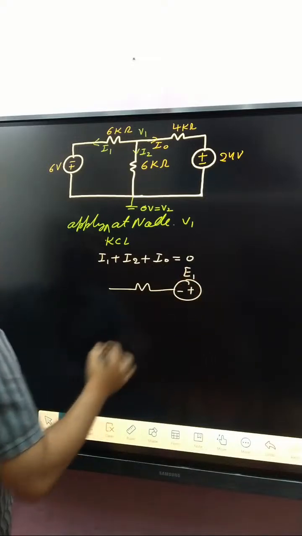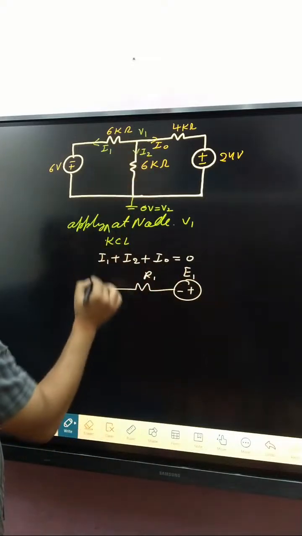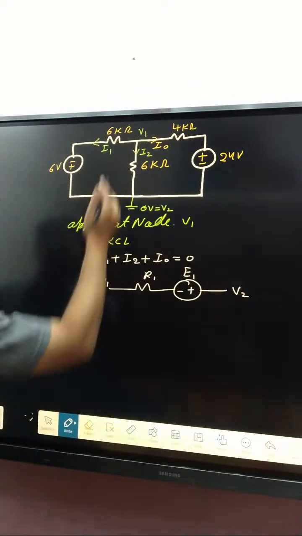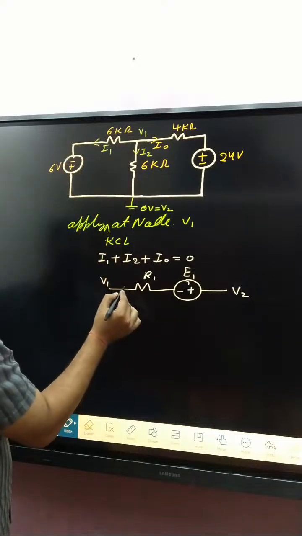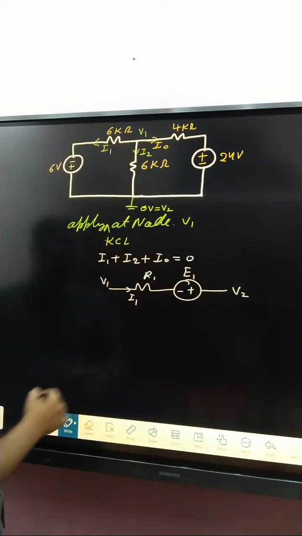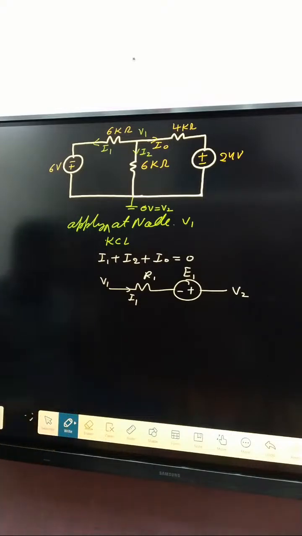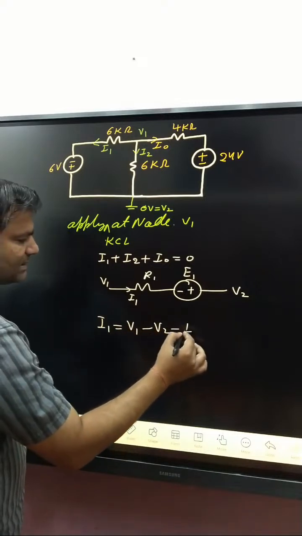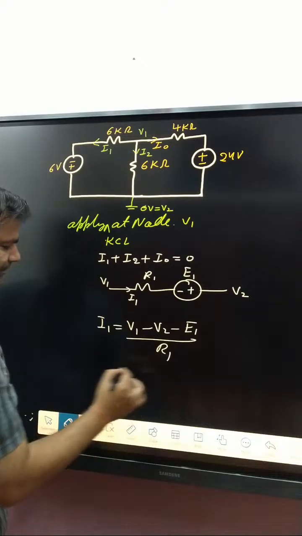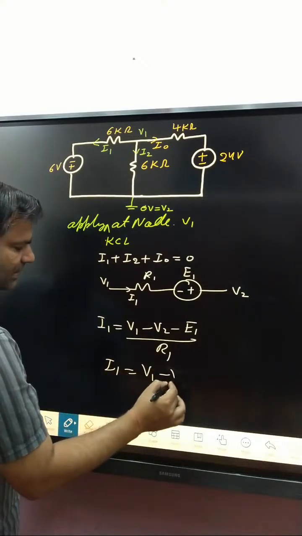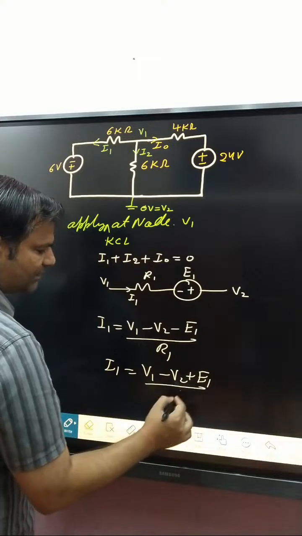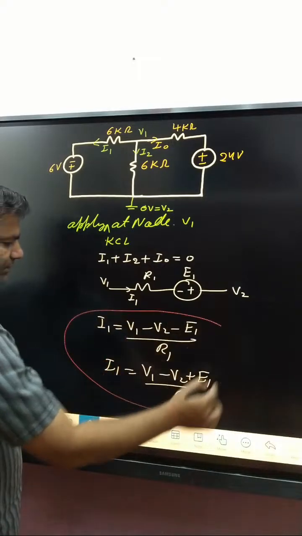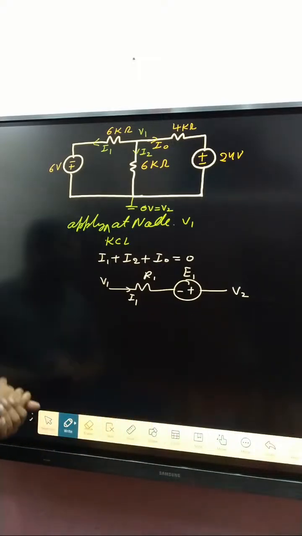Cut that path from the circuit, and the current direction I1 is given here. Sometimes students get confused whether I1 is V1 minus V2 minus E1 divided by R1, or V1 minus V2 plus E1 divided by R1. Which one is correct, and how can we verify it?